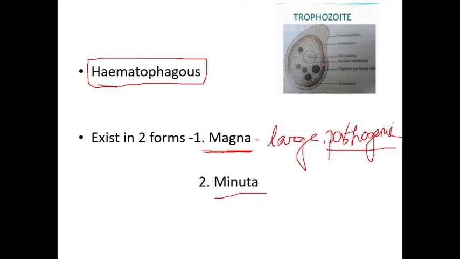This digestive enzyme produced by this trophozoite will digest the mucous membrane and it will liberate the blood, and then this parasite will feed on these blood cells.